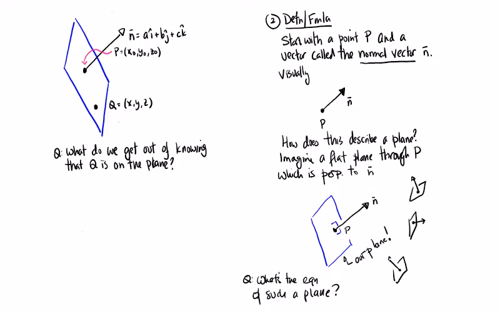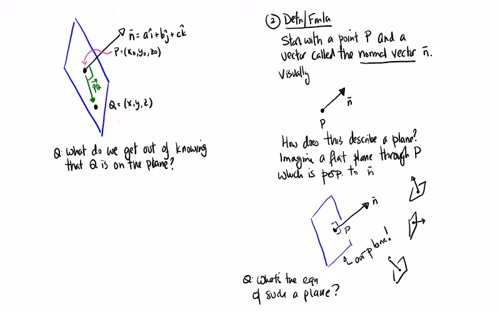So if we look back at the picture, I'll draw the vector from P to Q. Now, if Q is on the plane, then the vector PQ, the green vector, will make a right angle with the vector N. So this is PQ right there.